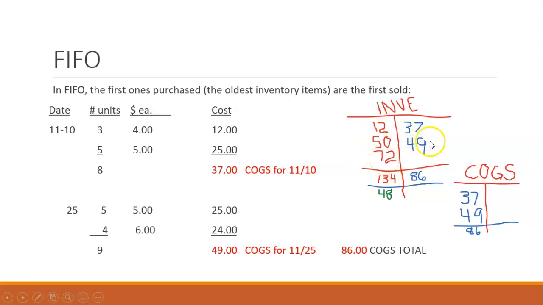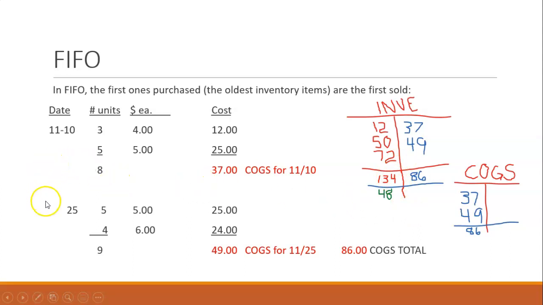Now on the credit side, we have to put the cost of everything that went out of the store. We just saw the journal entry where we're debiting cost of goods sold for the 37 and crediting inventory for the 37. Then I can immediately see what my balance of inventory is at any given time.